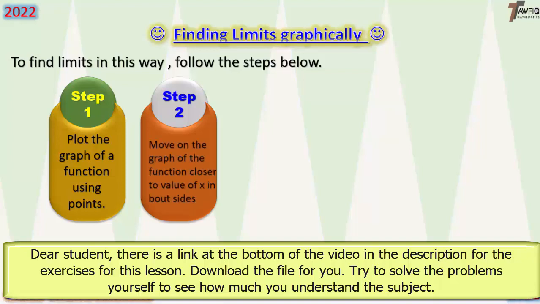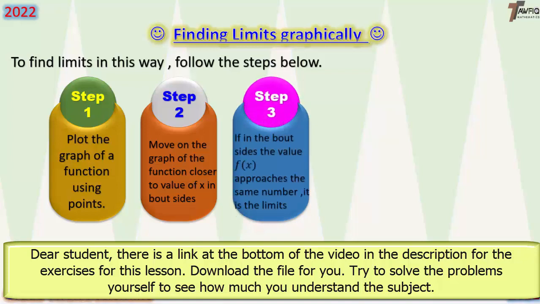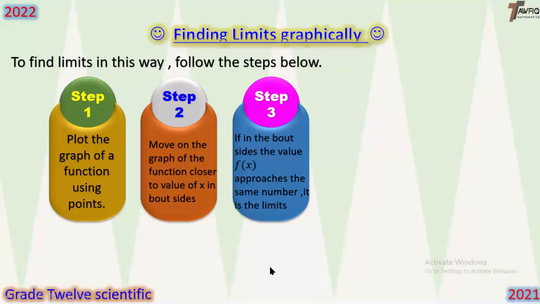Step 2. Move on the graph of the function closer to the value of x from both sides. If from both sides the value of f(x) approaches the same number, it is the limit.